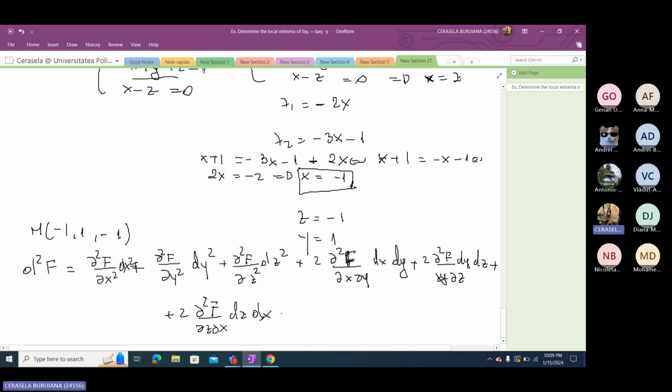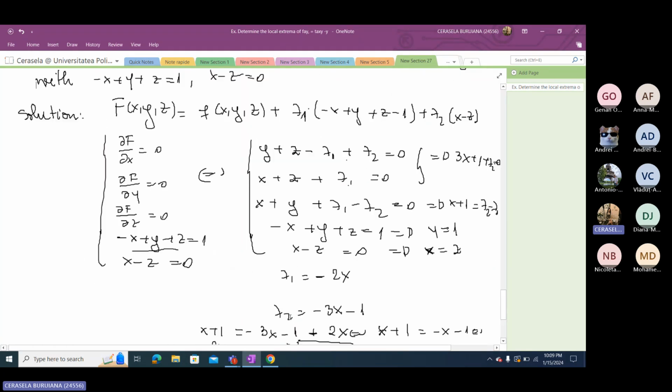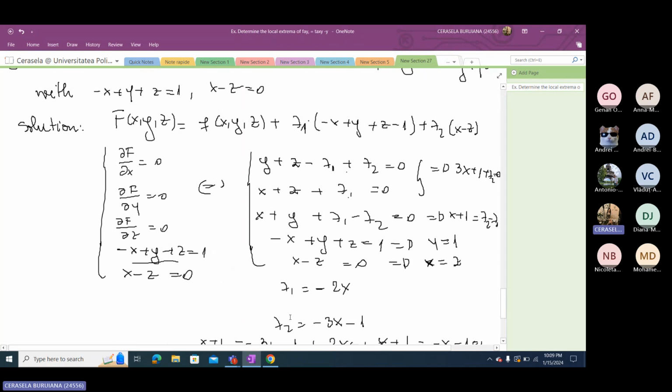Okay, and we have now to replace carefully. F derived in function of x two times, how much is it in function of x only? It's 0, isn't it? Yeah, it is 0.